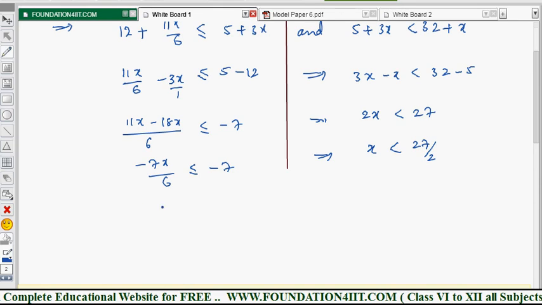Then cancel the minus 7 on both sides. Whenever you cancel the minus sign on both sides, there will be a change: 7x by 6 greater than or equals to plus 7.